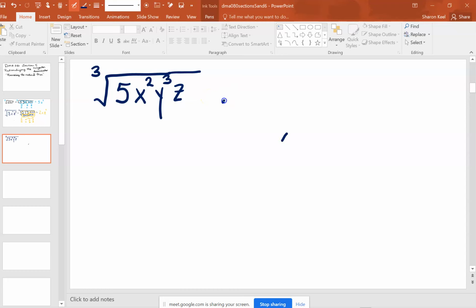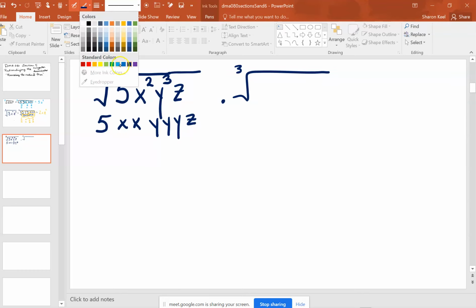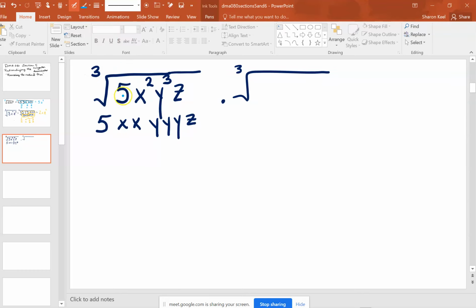So, and I'm going to exaggerate by writing these out completely. I have a 5, I have 2 x's, I have 3 y's, I have 1 z. I just wanted to exaggerate that so we can see what we have here. Here I have 1 5. In order for my 5 to come out from under the radical, I need a total of, and if you look at this index, I need a total of 3.